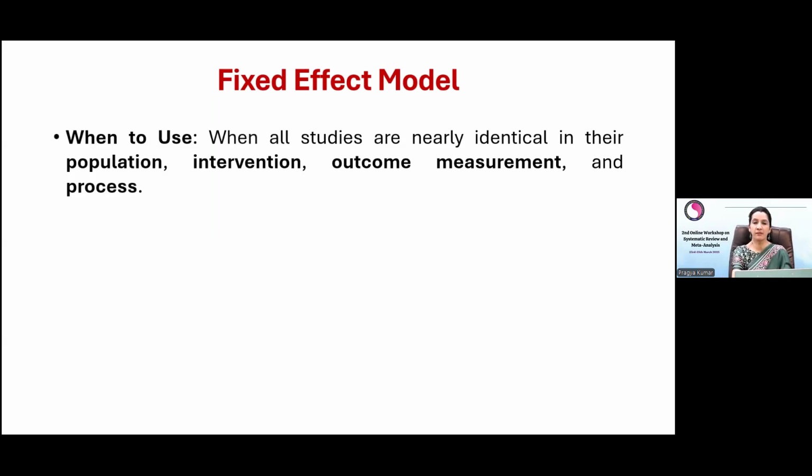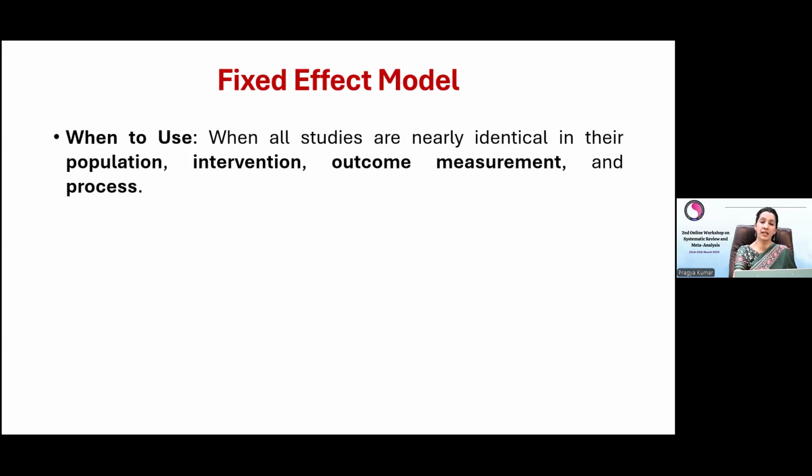When we say that the studies are very much identical in their population or intervention, suppose I am taking studies only from India, or maybe only from Bihar, or only from the East region, only UP and Bihar, because many things are very common for UP and Bihar.